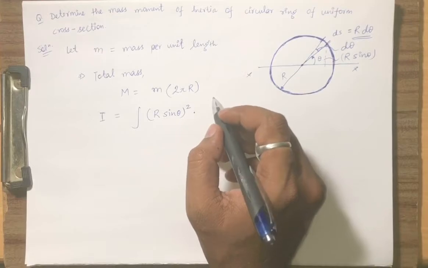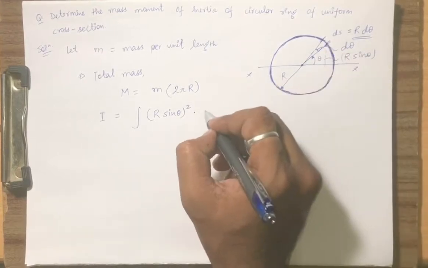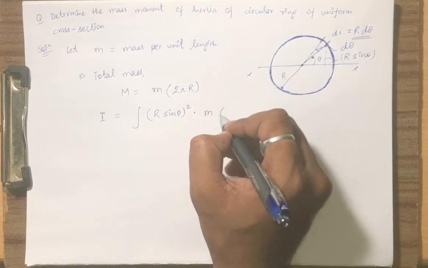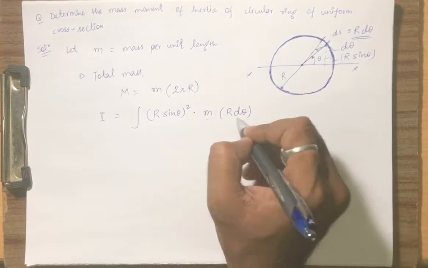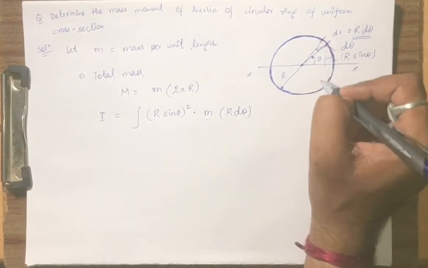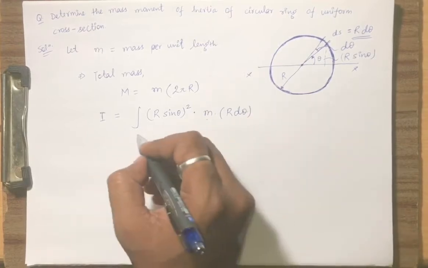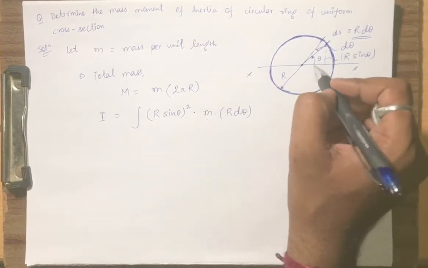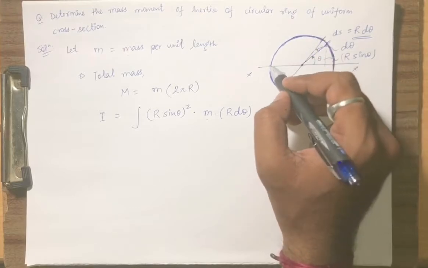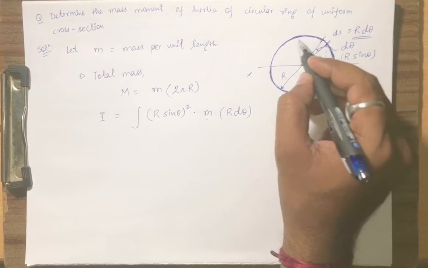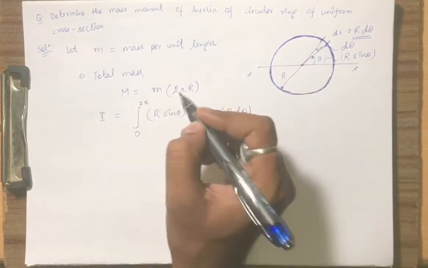So dm will be how much? m times r d theta, m times the length of the element, the length is r d theta, and the limit will be from 0. By how much angle will we be moving to cover this ring fully? 2 pi. So 0 to 2 pi.